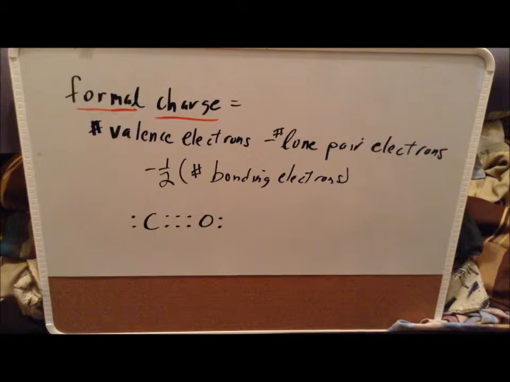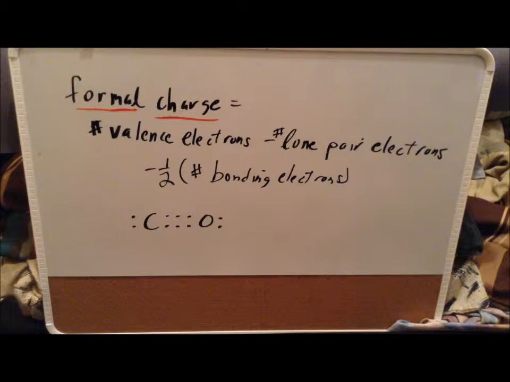So for our first example, we're going to look at carbon monoxide and its binding to a metal, because we can better understand the binding of carbon monoxide to metals by using this concept of formal charge, which right away will show us some exceptions to the rule.